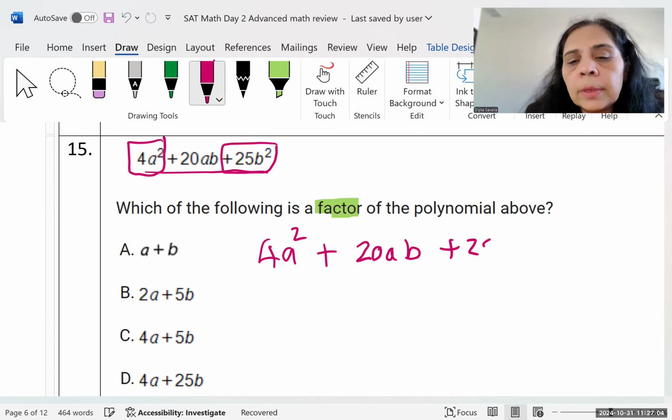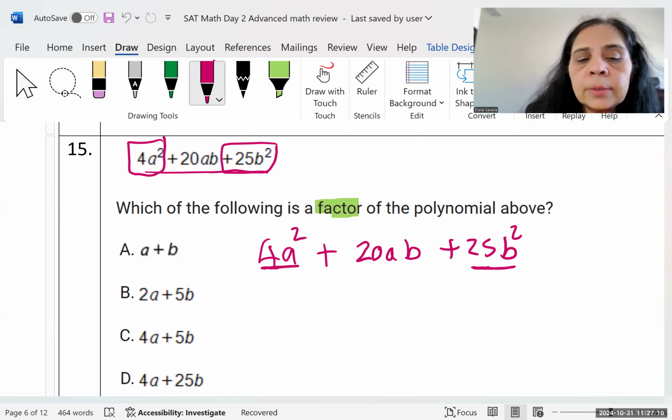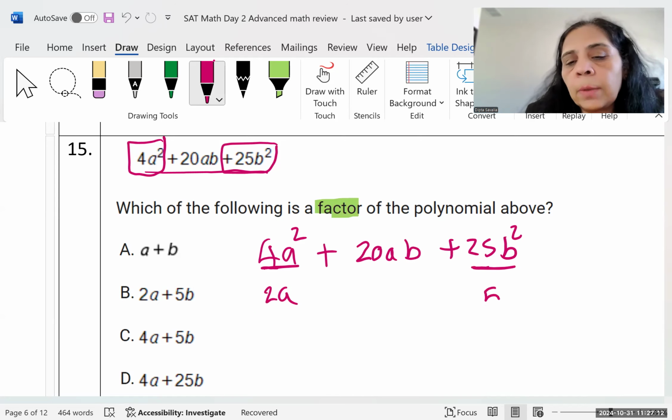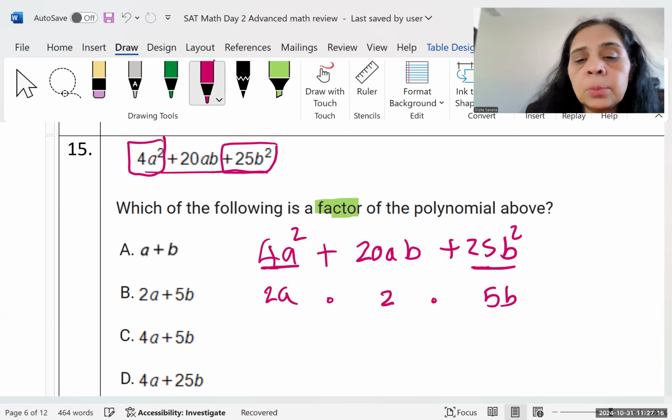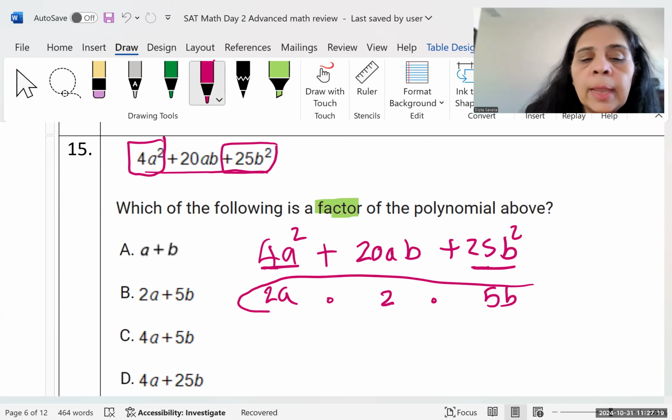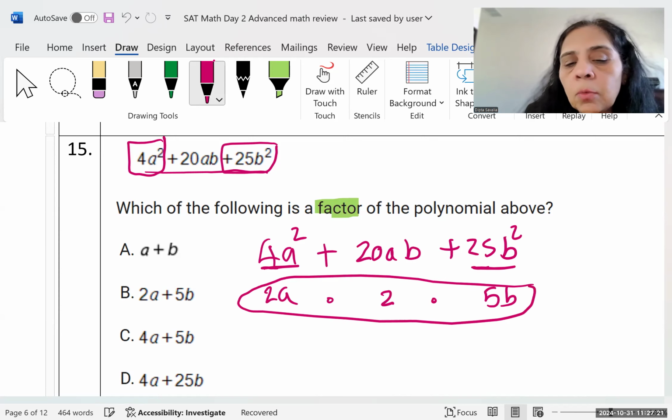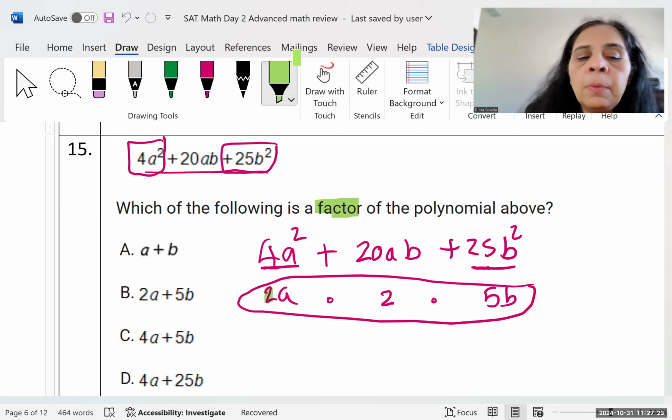20ab plus 25b squared. So I will check the square roots of these, which are 2a and 5b. It must be multiplied by 2 if it's the square of a binomial, right? Now we can do the product of everything. If the product gives us the middle term, then yes.